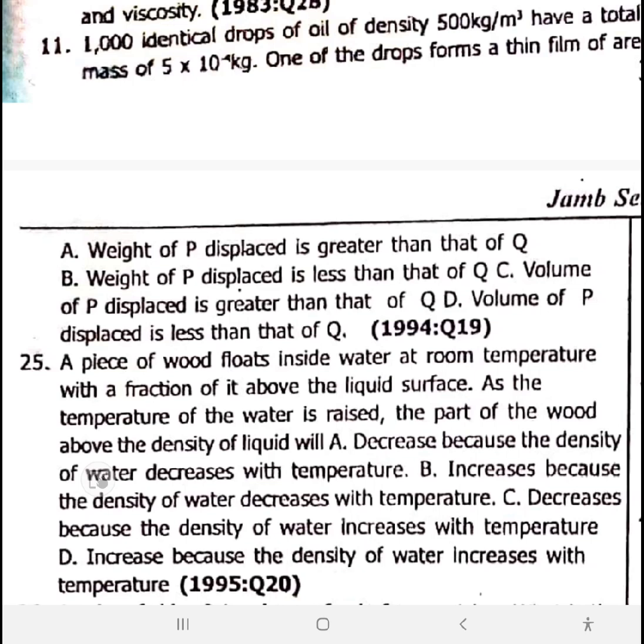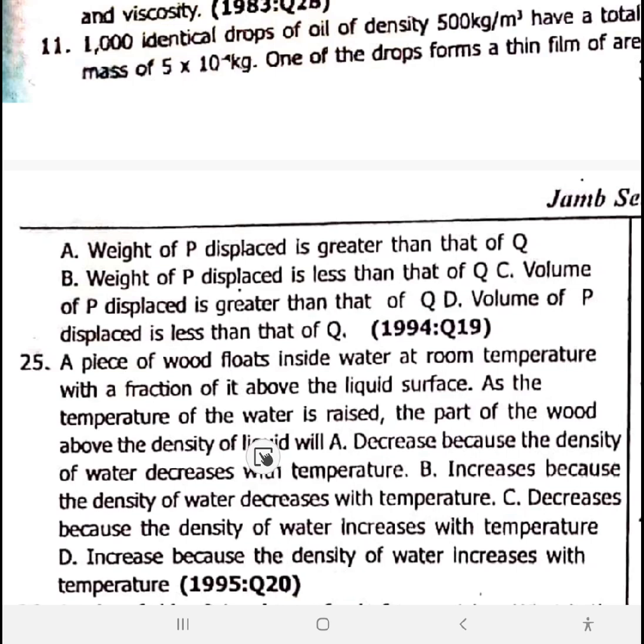Number 25: a piece of wood floats in water at room temperature with a fraction of it above the liquid surface. As the temperature of the water is raised, the part of the wood above the surface will decrease, because the density of water decreases with temperature.